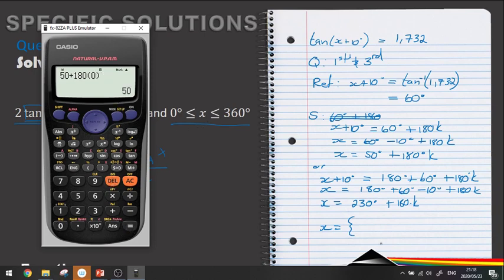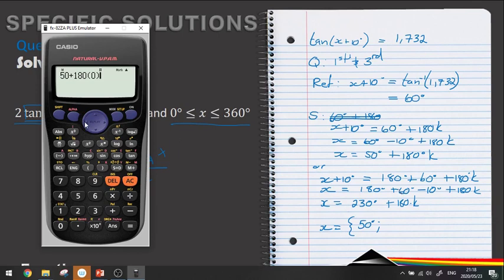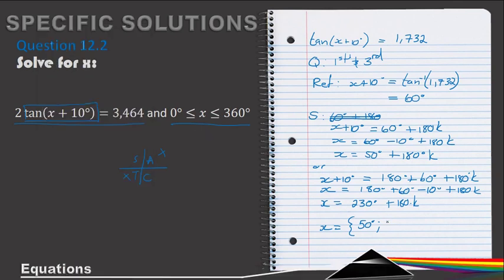That's inside my restriction, so 50 is one of my specific solutions. Then if I make k equal to 1, I get 230, and 230 also falls inside my region. Since this one also contains 230 plus the 180k, these are actually the same general solution, so we only need this part of it, and that would then be our two solutions.